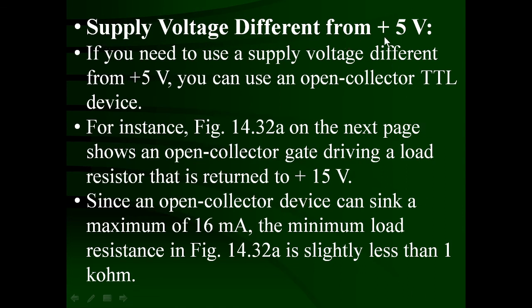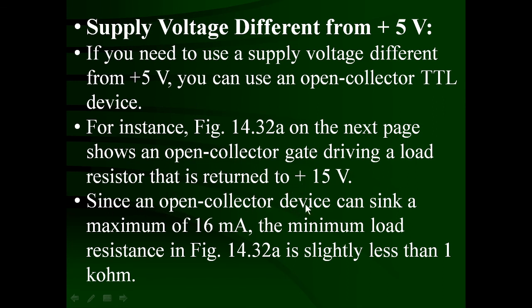Sometimes you require a supply voltage different from plus 5 volt. If you need to use a supply voltage different from plus 5 volt, you can use an open collector TTL device. For instance, figure 14.32a on the next page shows an open collector gate driving a load resistance that is returned to plus 15 volt.